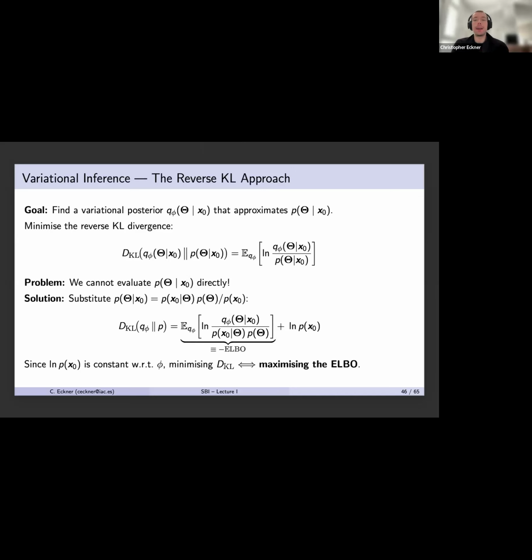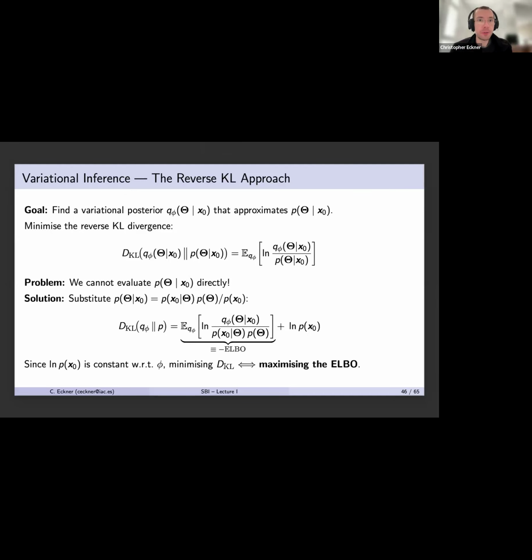Let me comment very briefly on something you could also do. I mentioned you could also use this reverse Kullback-Leibler divergence to estimate something, and this goes along the lines of variational inference.